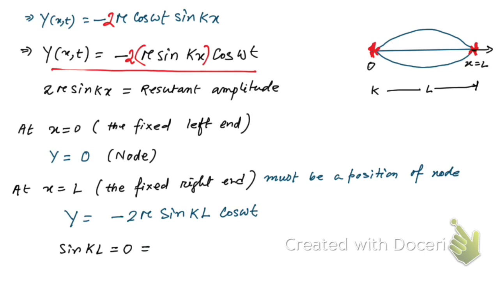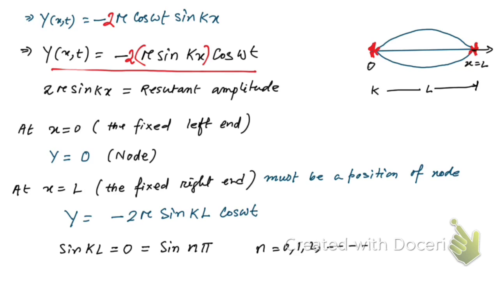Sine KL will be equal to 0 when KL is equal to n pi, because the general solution of sine x is equal to 0 is x is equal to n pi, right? Hope you have got this in mathematics, where n is 0, 1, 2, 3 and so on.